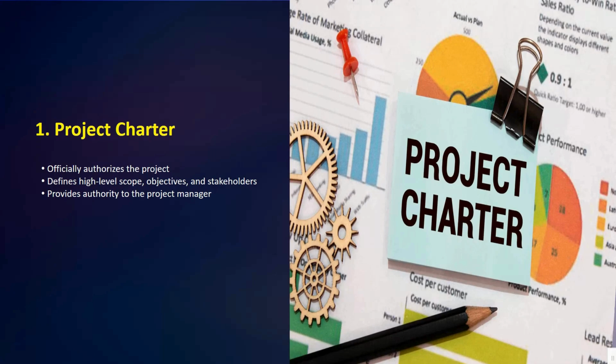It officially authorizes the work and defines the high level scope, objectives, and stakeholders. It also gives authority to the project manager to use resources and lead the project. Without a project charter, the planning process does not have a formal starting point. That's why the project charter is a very important document to start the project.